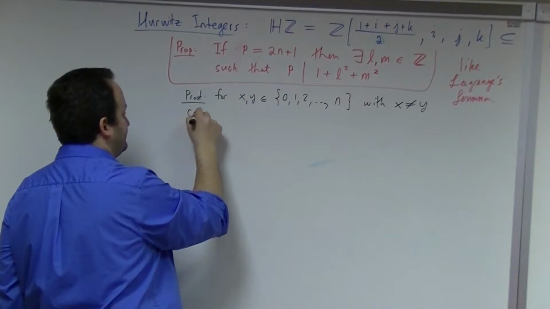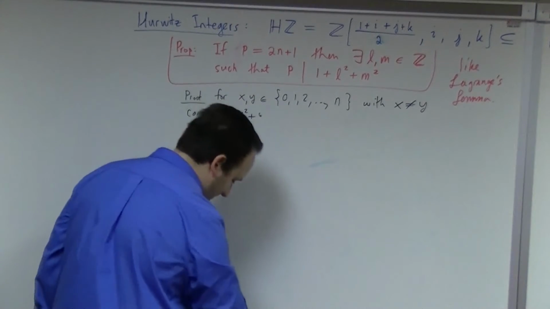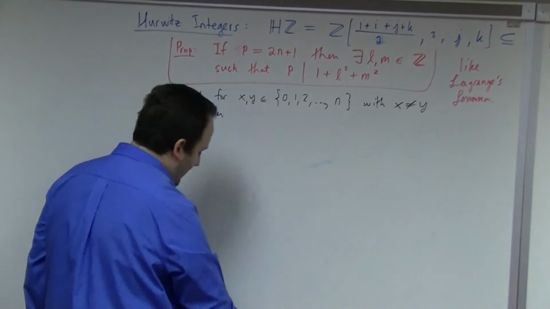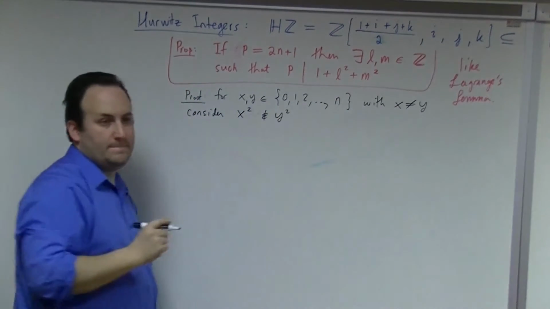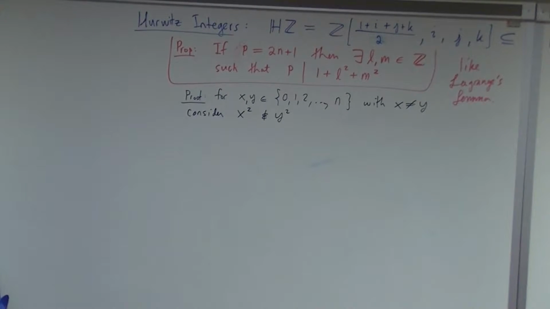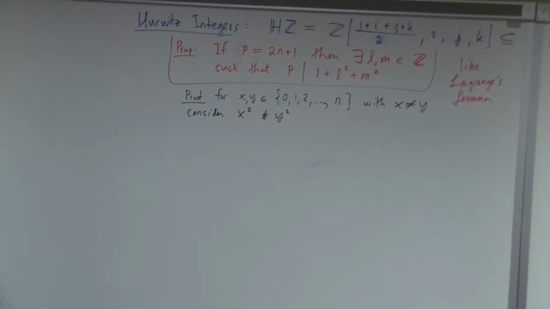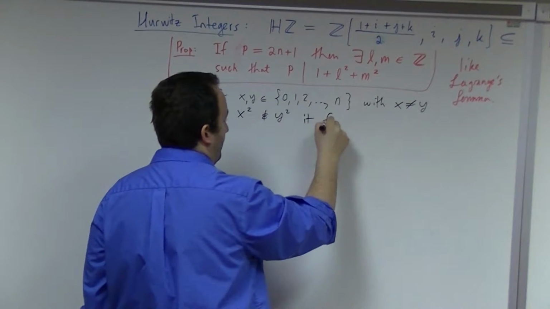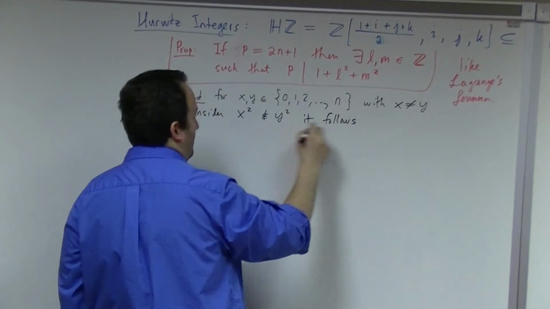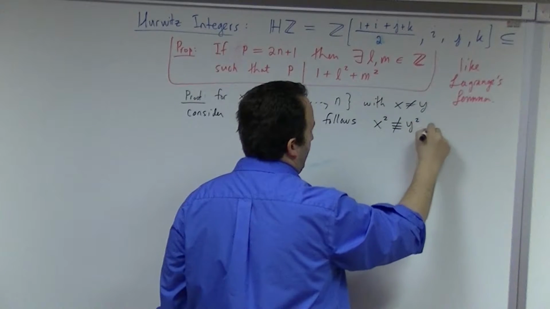You can consider x squared and y squared, right? Certainly you can square those. And you can argue that if x is not equal to y, it also follows that x squared is not congruent to y squared mod p.